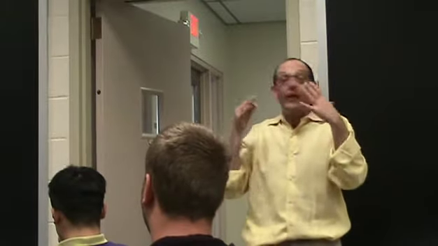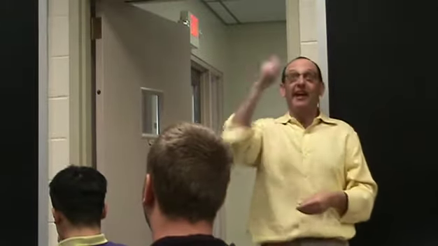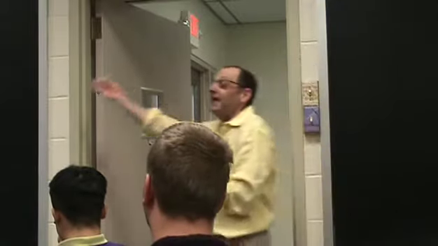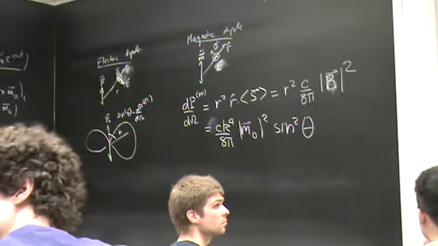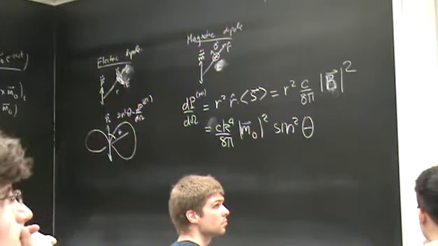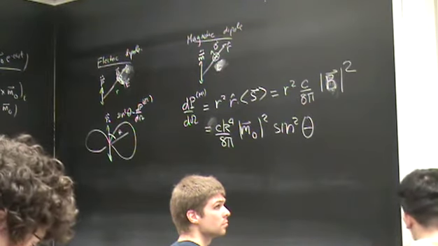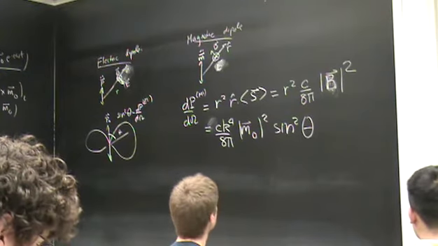So if I just have a loop of wire and it oscillates current in it, it radiates magnetic dipole radiation. If I have an antenna where I put current going up and down a wire, it's going to be dominantly electric dipole radiation.